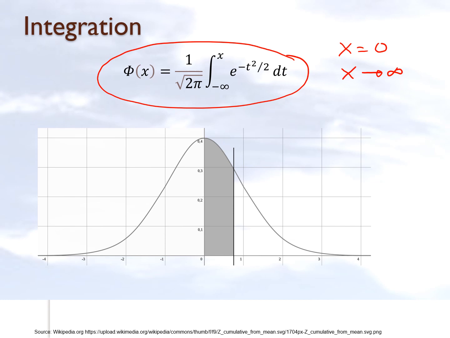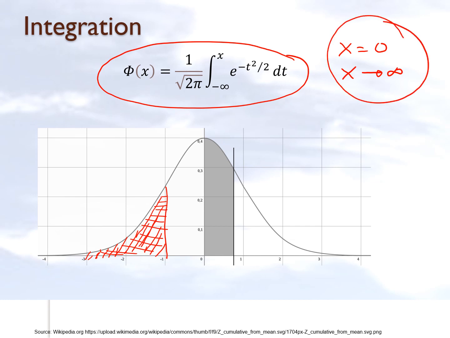But for any other value of x, let's suppose if I want to take the value of x to be -1 in this case, this particular amount of area has to be calculated numerically because it cannot be found exactly for values of x other than 0 and approaching infinity.